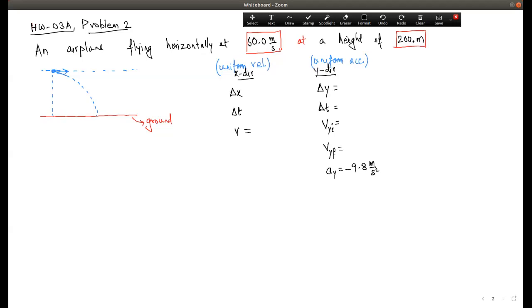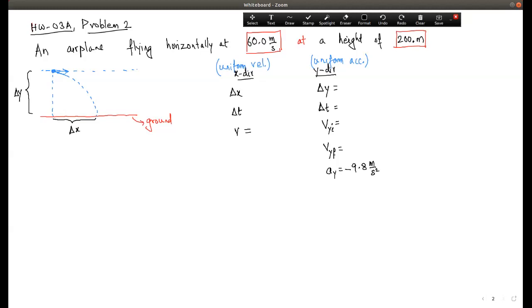So let's look into the x direction. Delta x here would be this information here in the diagram. So that's delta x. Delta y is the vertical distance that is dropped. So that's delta y.